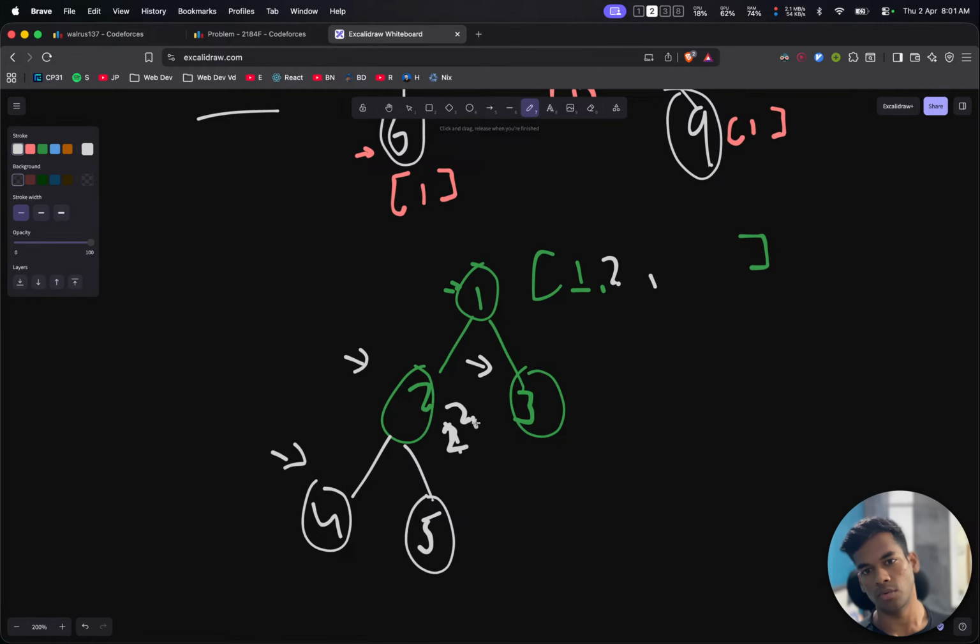0 we don't know, but 2 is here. And 1 is always here.